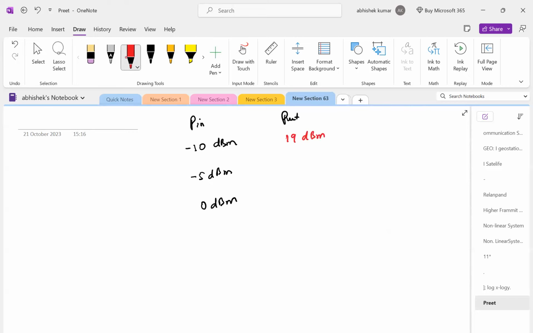For minus 5, it is 25, or less than 25, you can say. If you zoom in, it is less than 25. Around 24, right? Right or wrong? Yeah, it's right. Because they should give you the exact value. And for 0 dBm, how much is it?